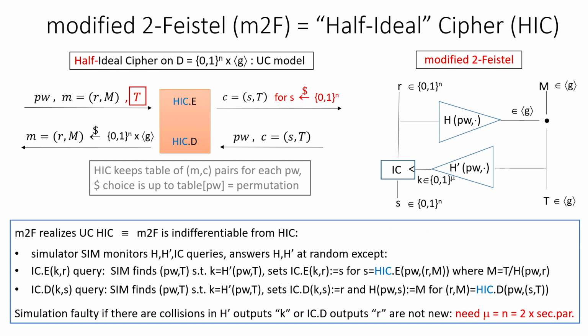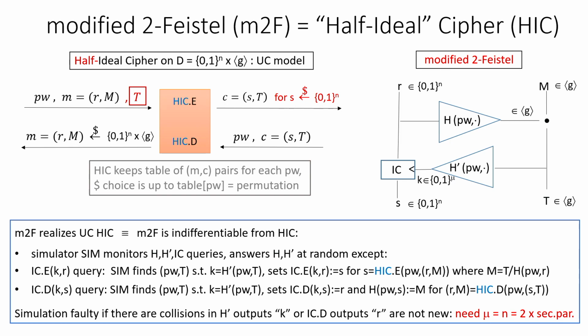Quickly, how do we argue that this thing on the right realizes the thing on the left? We write a simulator that, given adversarial accesses to H, H prime, and IC, the building blocks of this construction, basically uses an ideal cipher in the sky and can program outputs of H, H prime, and IC in such a way that the view on the right is indistinguishable from the view on the left.